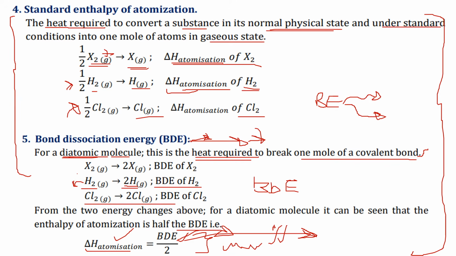The reason is that bond dissociation energy involves the energy of 2 atoms, while atomization energy involves the energy of only 1 atom. That's why atomization energy is equal to half the bond dissociation energy.